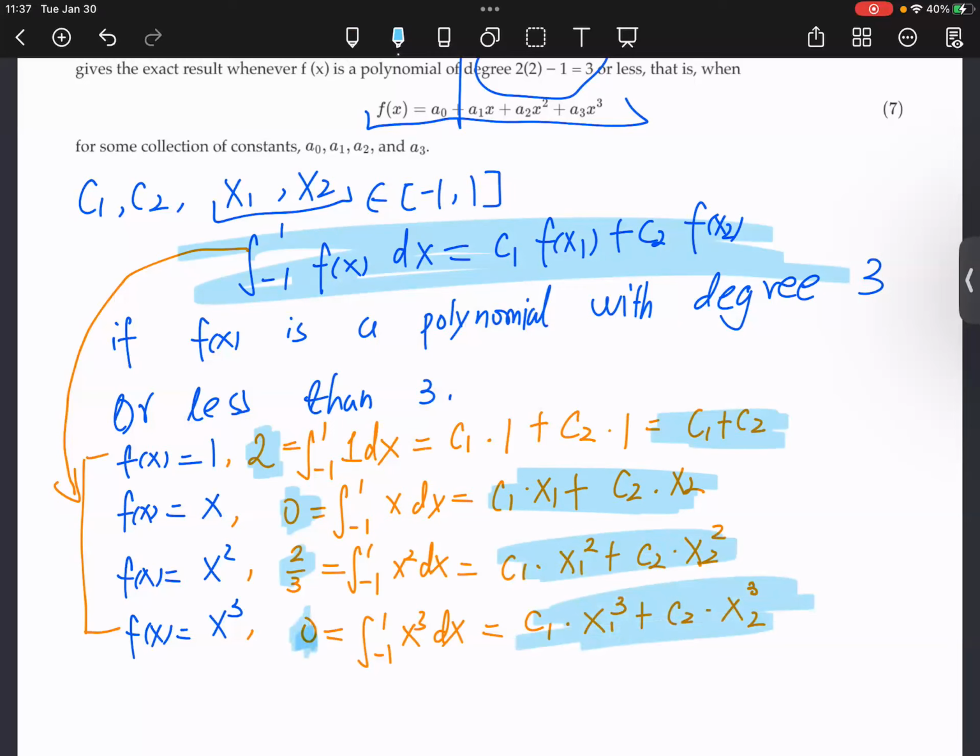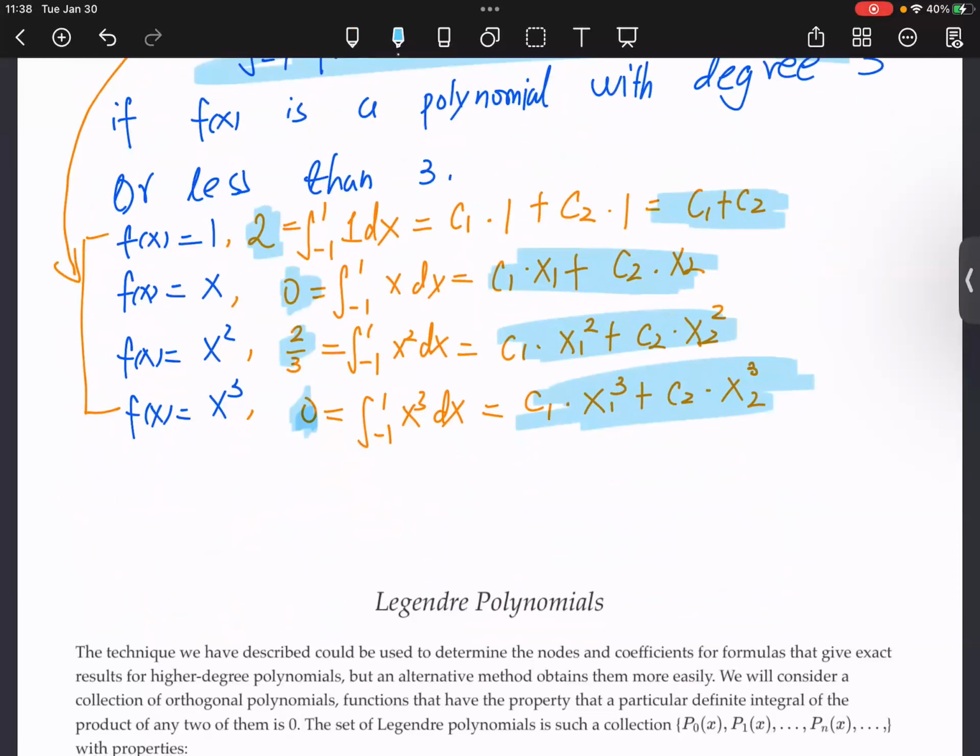This is not a linear system, because we have x1, x2 cubed and squared here. But you can solve these equations with Python or some algebra knowledge.